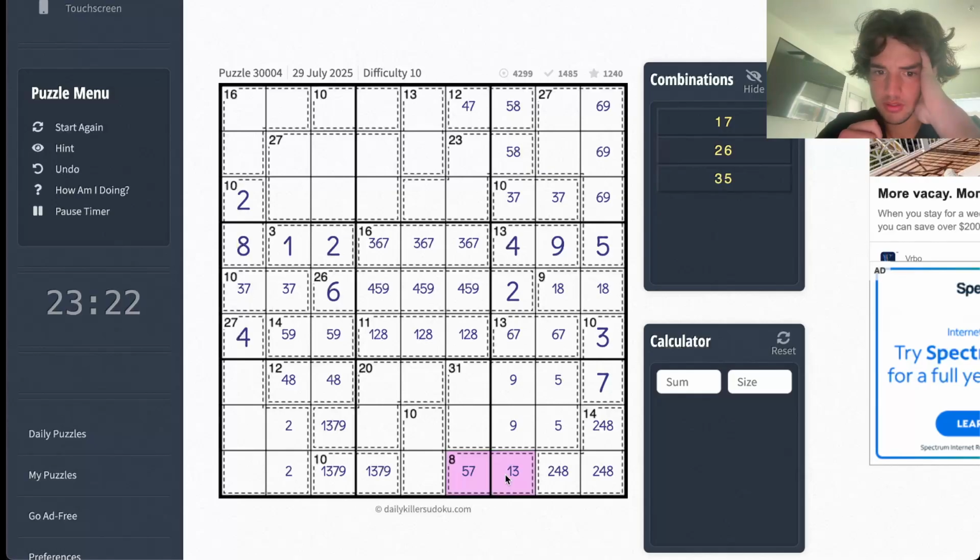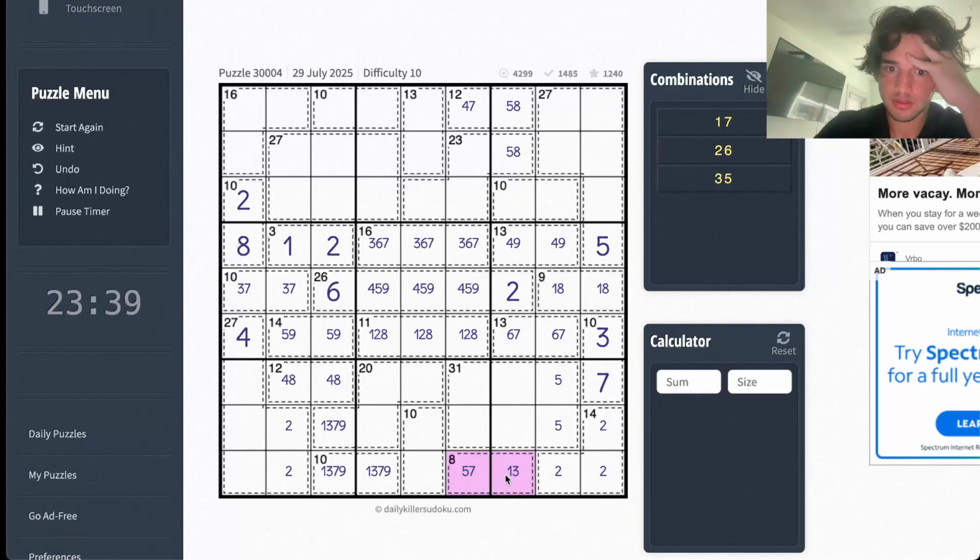But yeah, we eliminated the 2 and 6. And then, how did we eliminate the 2 and 6? Let me go back here for a bit. This has to have a 2 because of that. Yeah, so that eliminates the 2 and the 6.